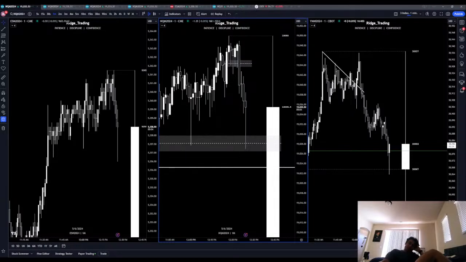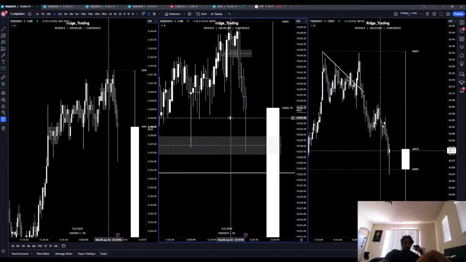This is really big here. The third tap and hold is really bullish.